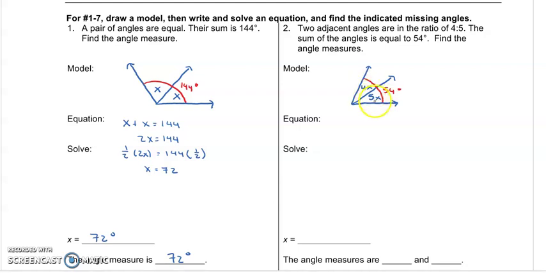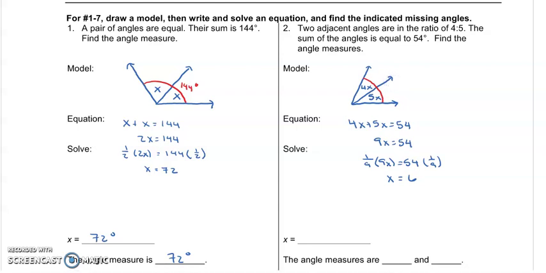If I take 4x plus 5x, I'm going to get 54. So 4x plus 5x equals 54. 9x is 54. I'm going to multiply by the reciprocal. 9x. And there's my 9. So I get x equals 6.